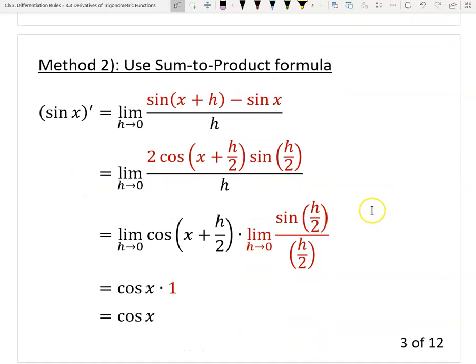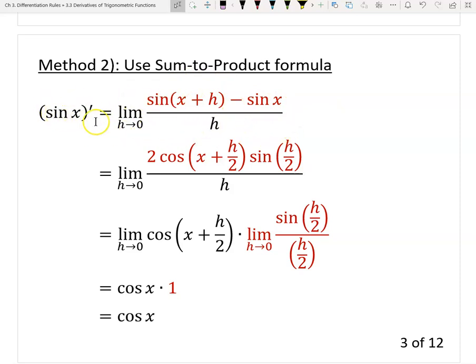So here, how do we do it? We have to use another formula. We call it the sum to product formula, or sum to product identity, which you learned from trigonometry. I will show you the formula. First, let me write the definition.